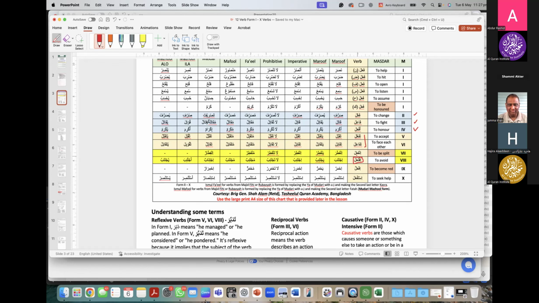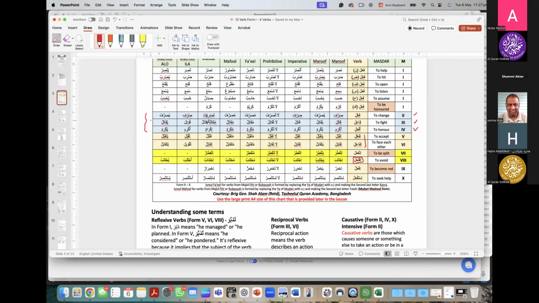I meant the verbs which begin with the kasra. No, this is hamzatul wasl. Okay, so that's fine. And this information which I just shared with you, each of them is very, very important.